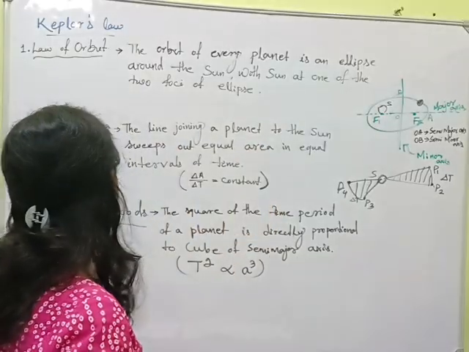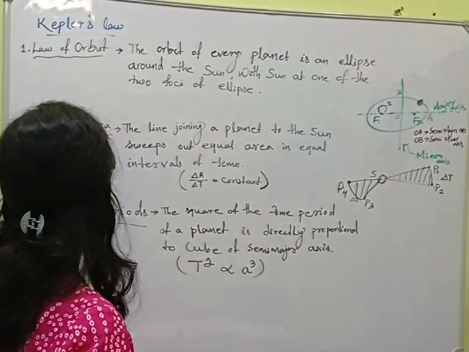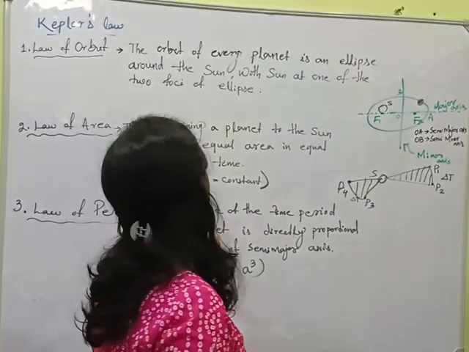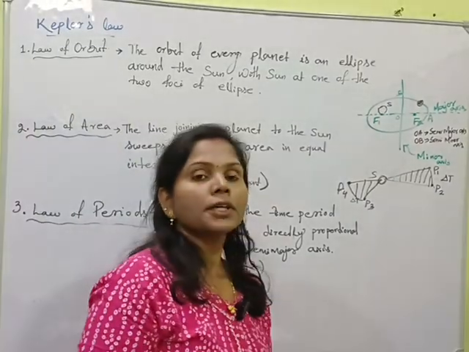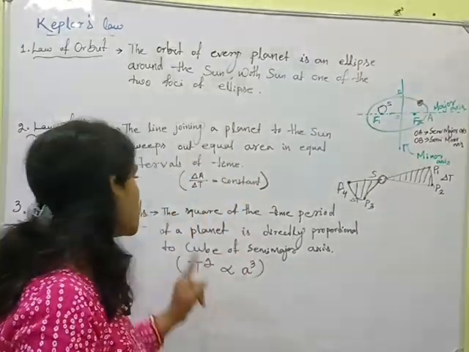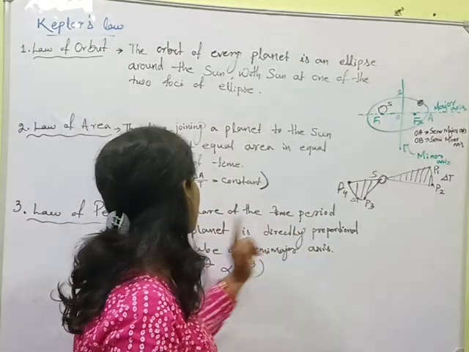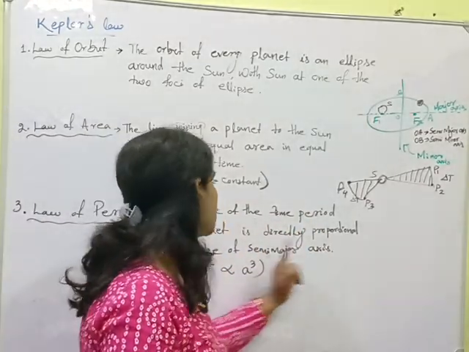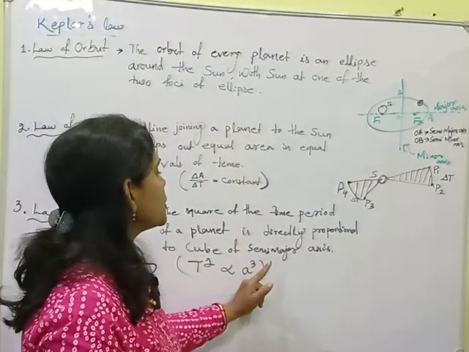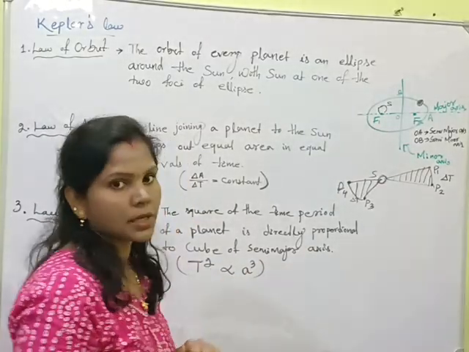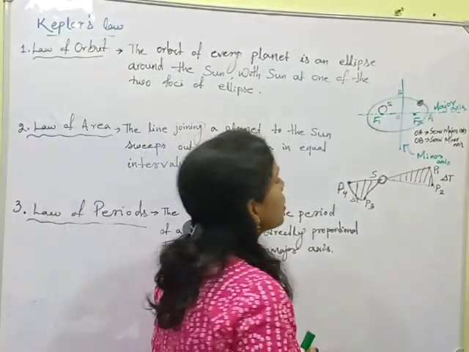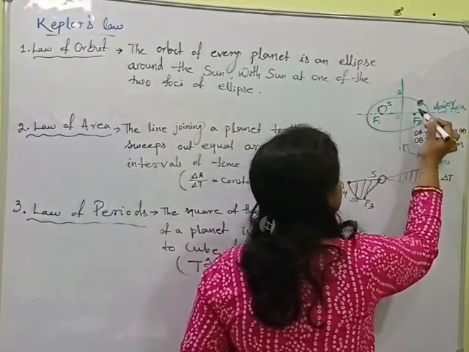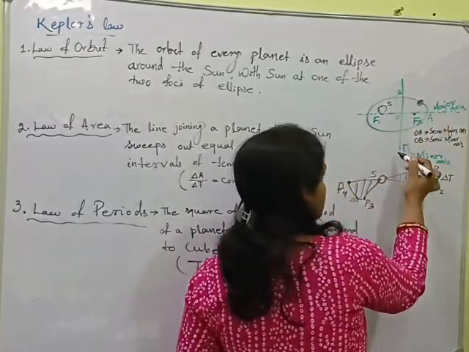Next is our third law. The third law of Kepler's planetary motion is the law of period. According to Kepler's third law, the square of the time period of a planet is directly proportional to the cube of the semi-major axis. In an ellipse, this is the major axis and this is the minor axis.